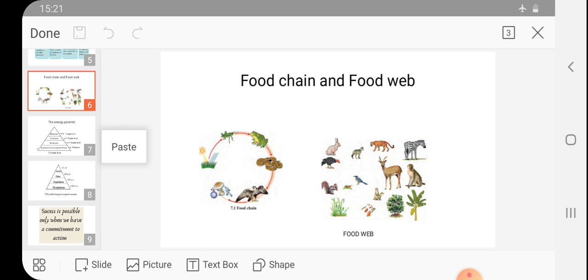An organism may be the prey for many other organisms. Are you getting? Such an intricate network is called a food web. Generally, we find food webs in nature. Have you understood?